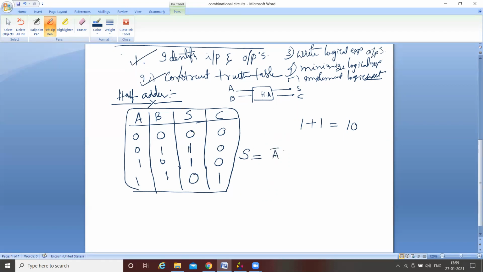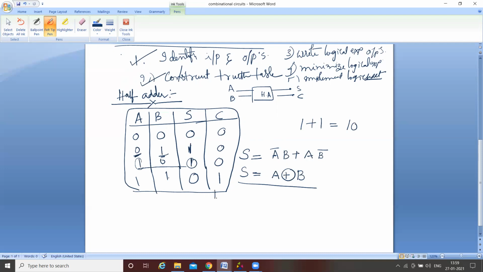That is A bar B. Here A is 0, means A bar, and B is equal to 1, means B. So A bar B plus another one: A is equal to 1 means A, and B is equal to 0 means B bar. A bar B plus A B bar. This is the same as A exclusive OR B. This is the logical expression for sum.